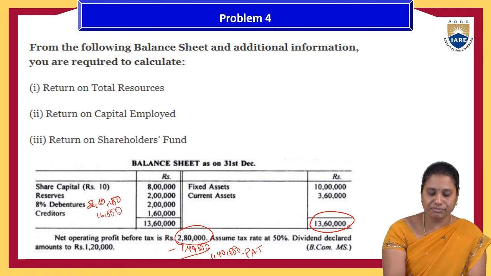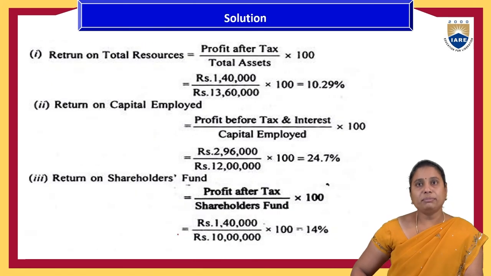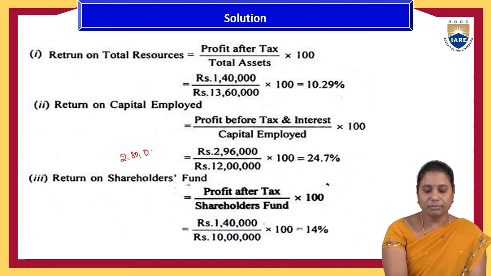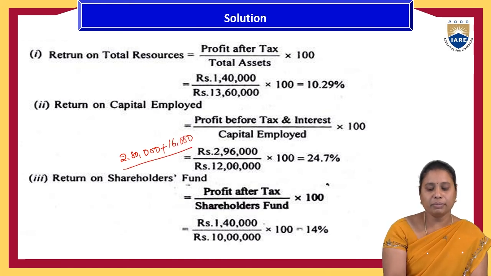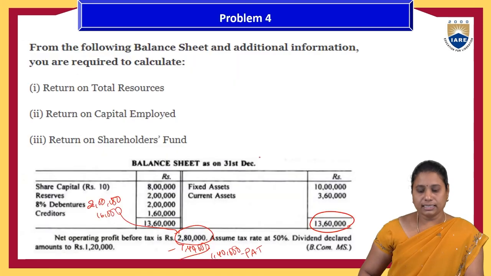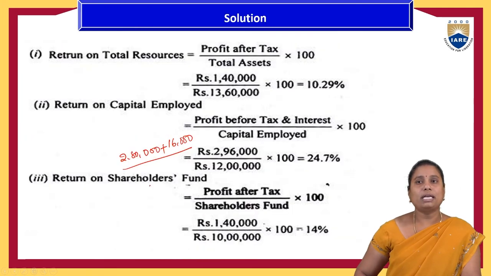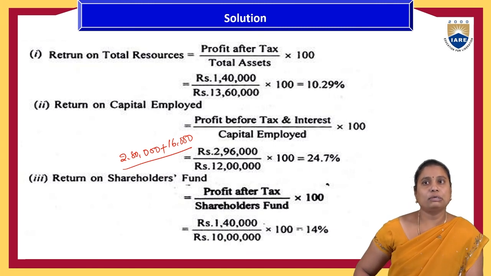If we add that interest, it becomes profit before taxation and interest: 2,80,000 plus 16,000 is 2,96,000. Capital employed is 8 lakhs of shares, 2 lakhs of debentures, and 2 lakhs of reserves, which is 12 lakhs. So out of this 12 lakhs, they got a profit of 2,96,000, which means 24.7% profit.